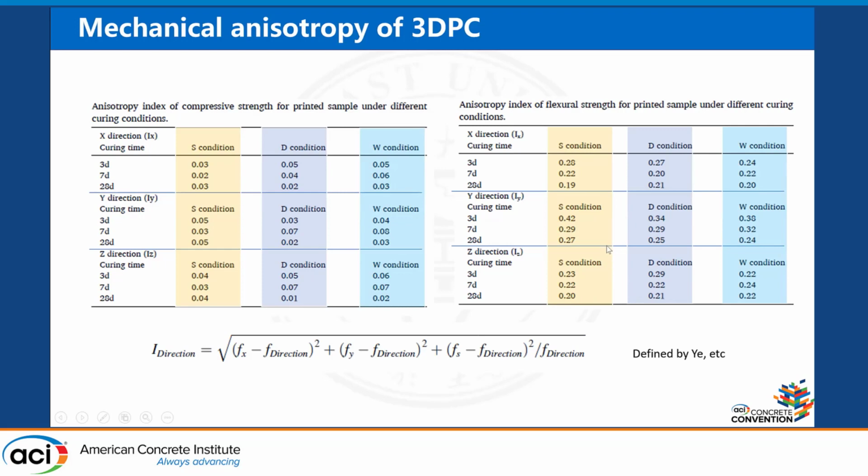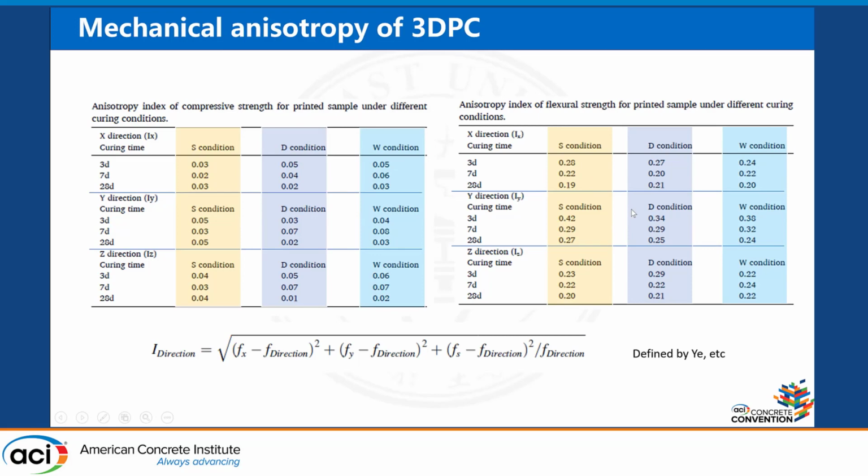When we compare the anisotropic index at different curing ages, we can see that normally at early ages we've got a higher anisotropic index, but for the curing condition, whether it's drying condition or drying condition with wind, the anisotropic index doesn't seem to change a lot.